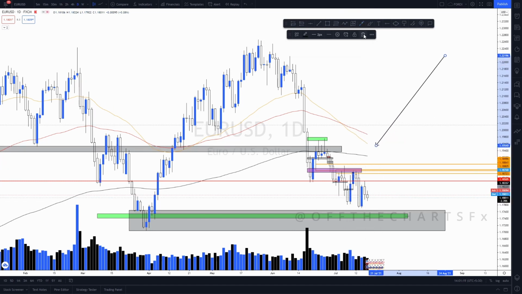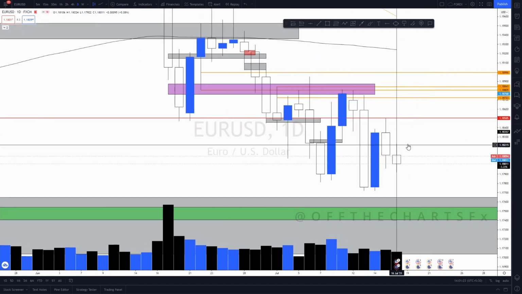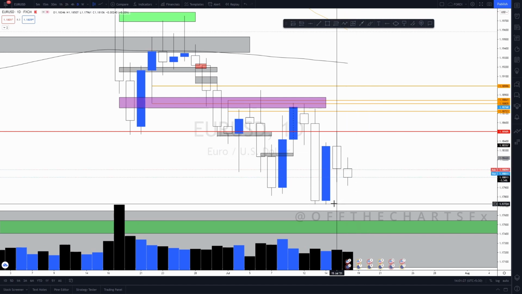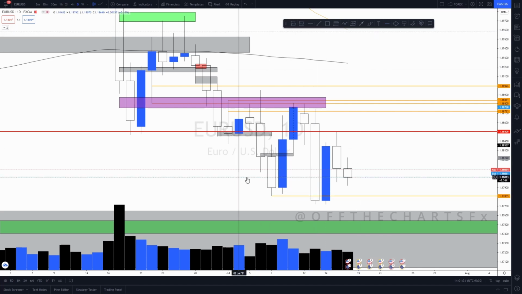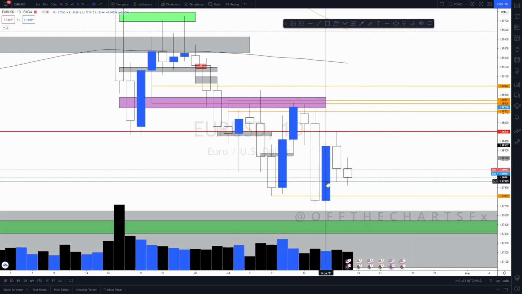But what is now happening? As we can see, price broke below this level. Sorry, I didn't mark it. See, price broke below this, but it rejected.